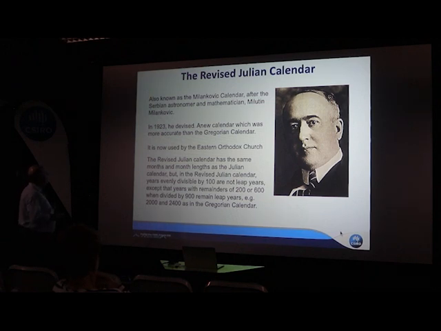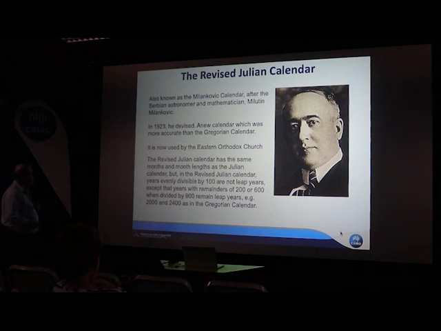He's a Serbian astronomer and mathematician, and he devised a new calendar which was even more accurate than the Gregorian calendar, as you'd expect, being in the 20th century. And it was that calendar which was adopted by the Eastern Orthodox churches for their ecclesiastical purposes, in 1923.